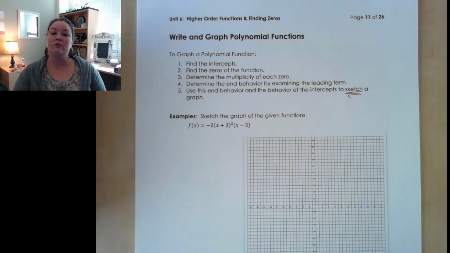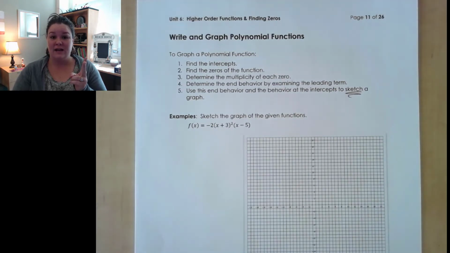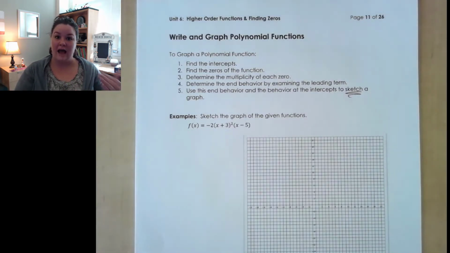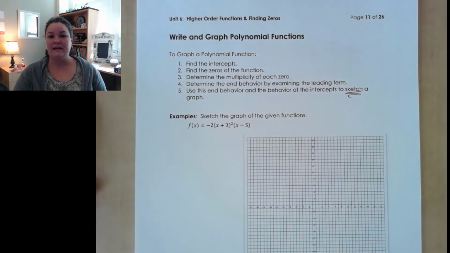So what I am looking for on this worksheet is your end behavior, your intercepts, whether you have touching or crossing correct, and then if you just have the correct shape. Okay, so I know it's going to be a sketch. So those of you who are checking your work using a graphing calculator, your sketch and your actual function graph may differ just a little bit. But again, I'm just grading to make sure you're getting that desired shape for the graph.